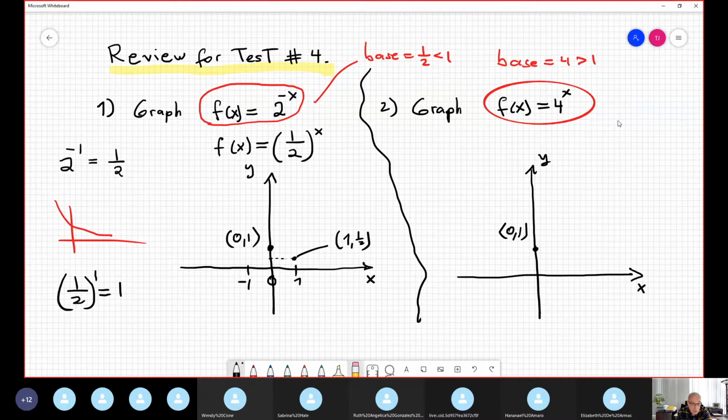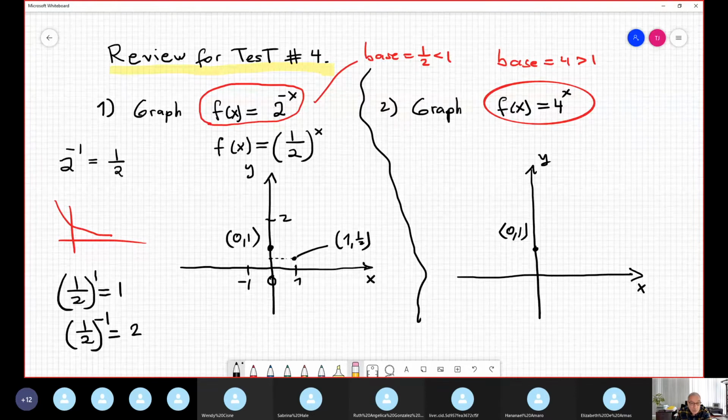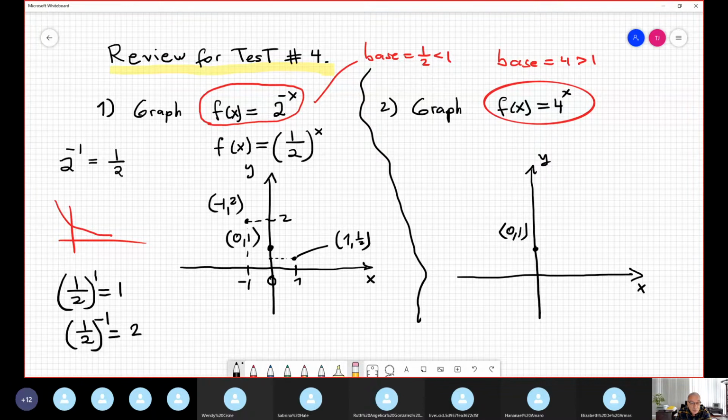And for -1, the interpretation of the negative exponent is reciprocal. The answer is 2 over 1, or just 2. So the point is (-1, 2).